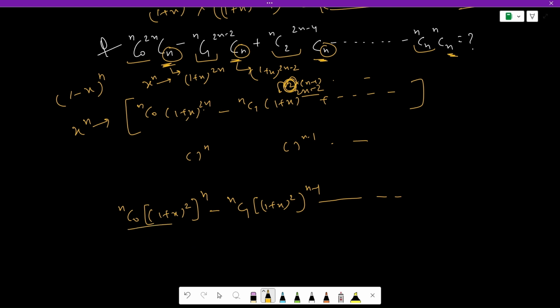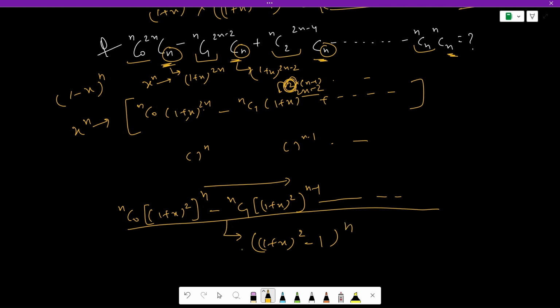Now this is a binomial expansion, and here also we have decreasing power, so this will be ((1 plus x) squared minus 1) raised to the power n, and we need the coefficient of x to the power n in this.